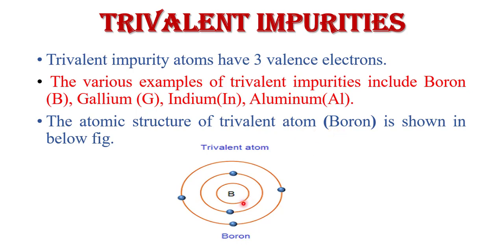Boron is a substance consisting of atoms which all have the same number of protons. The atomic number of boron is 5, that is, it has 5 protons. Boron atom has a total of 5 electrons, 2 electrons in the first orbit, and 3 electrons in the outermost orbit. Because there are 3 electrons in the outermost orbit, it is called a trivalent atom.